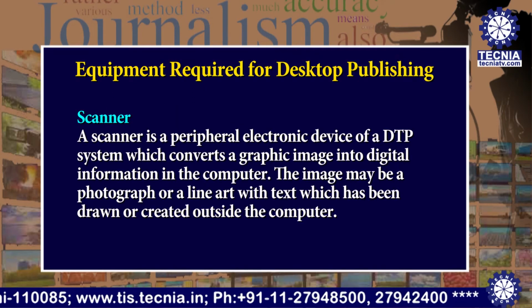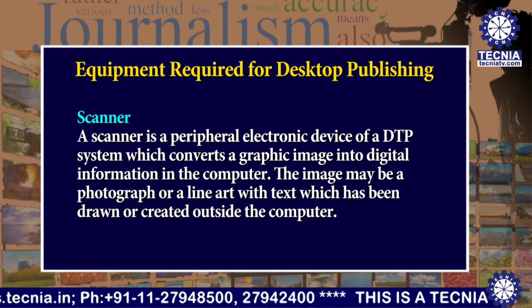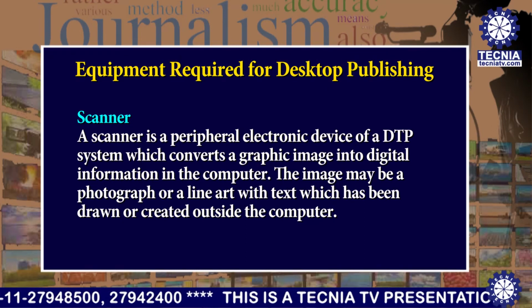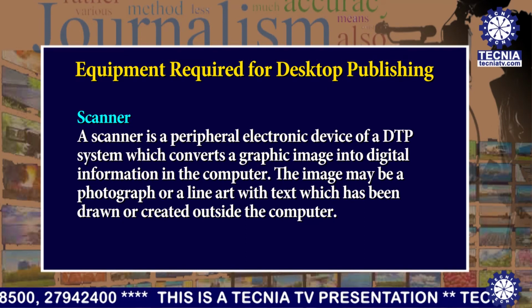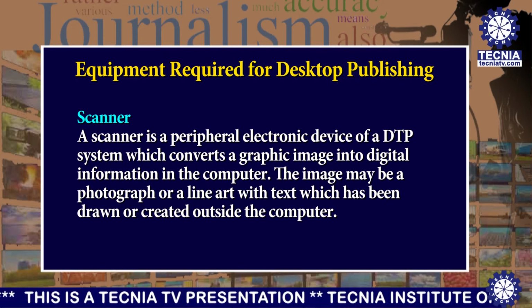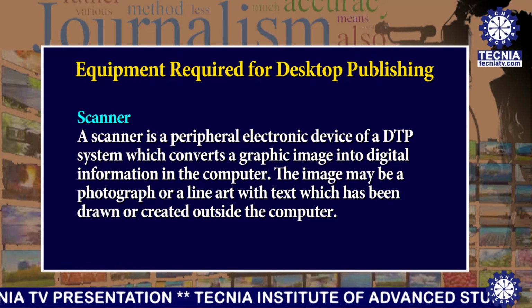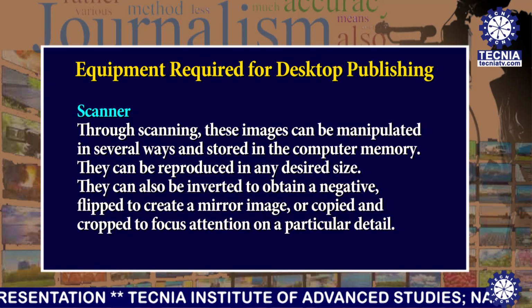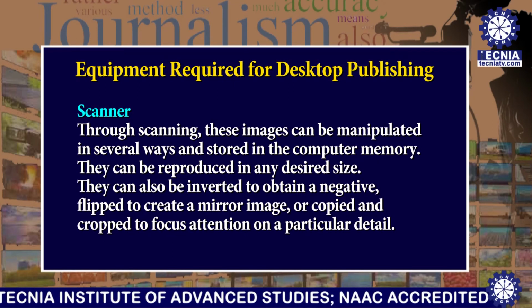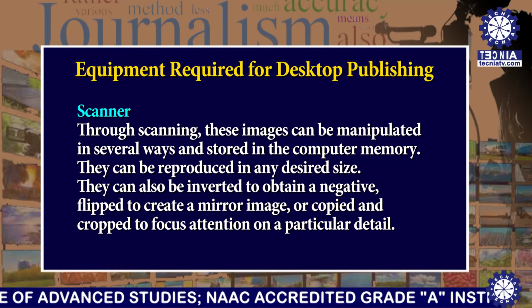A scanner is a peripheral electronic device of a DTP system which converts a graphic image into digital information in the computer. The image may be a photograph or a line art with text which has been drawn or created outside the computer. Through scanning, these images can be manipulated in several ways and stored in the computer memory.